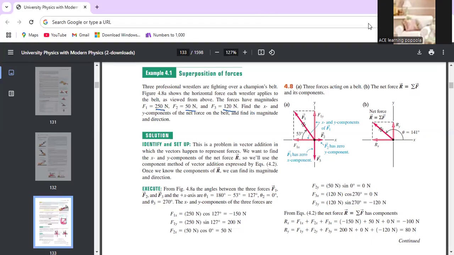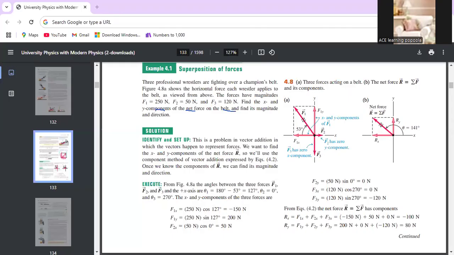Okay. So as I was saying, we need to solve this question, example 4.1.